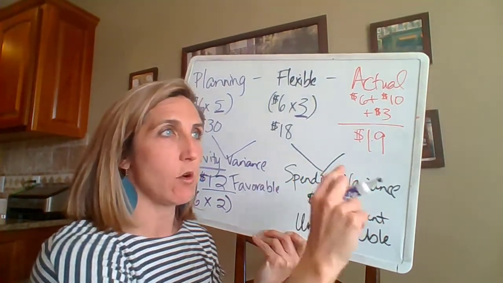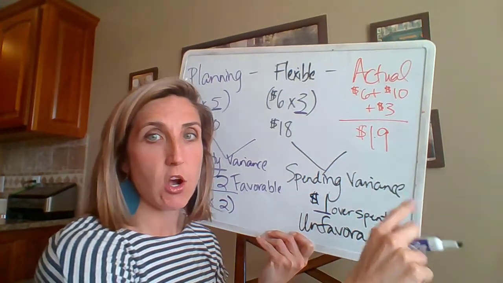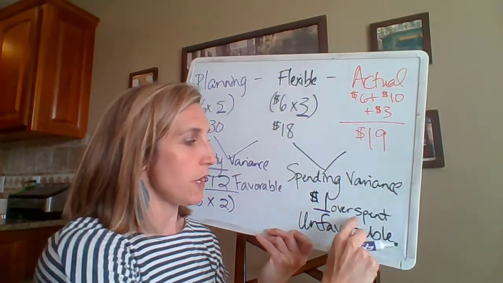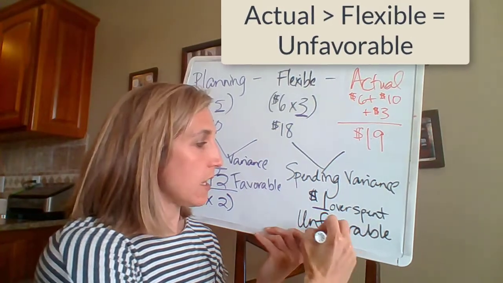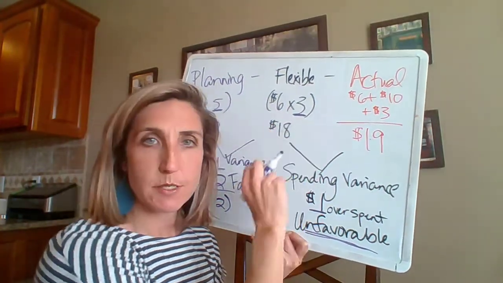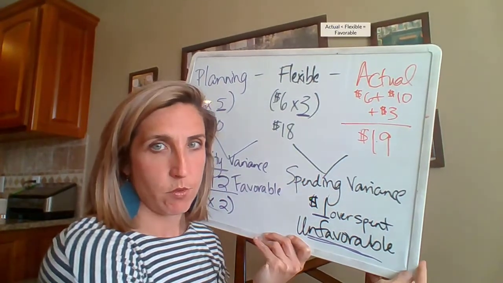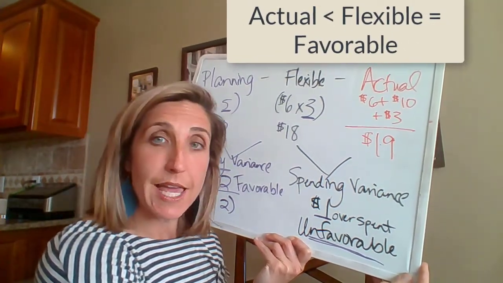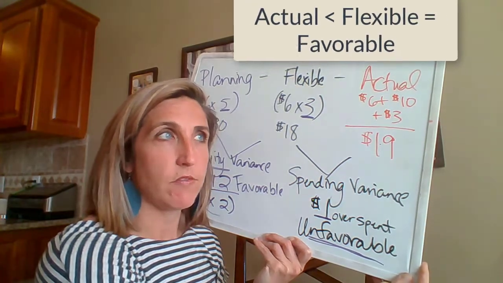It tells me that I overspent on the per lunch cost. It was overspent by $1, therefore it is unfavorable. If your actual cost is greater than your flexible, it is unfavorable. If your actual costs were less, you had saved money, and that would be favorable.